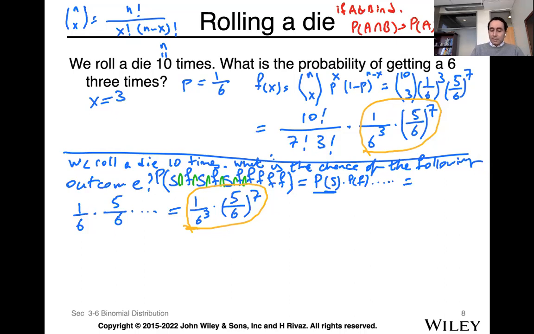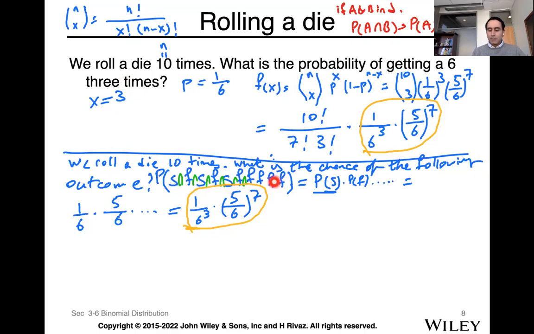So basically here in the original question, we wanted getting 6 3 times. We didn't care about the order, right? All we wanted was getting 3 6s, right? In the follow-up question that I gave, I wanted the successes to happen in a particular order, right? So the first success, the third success, and the fifth success, right?